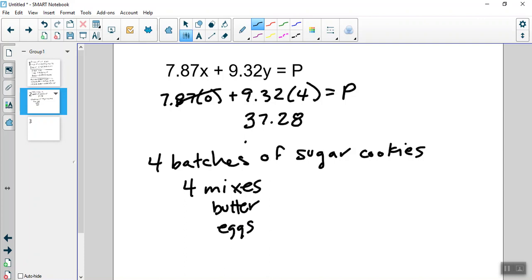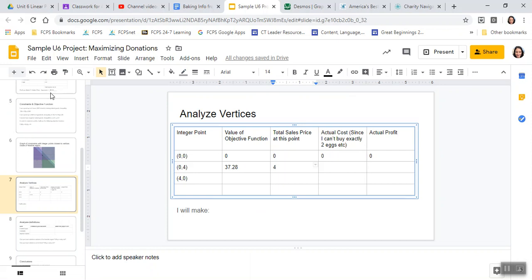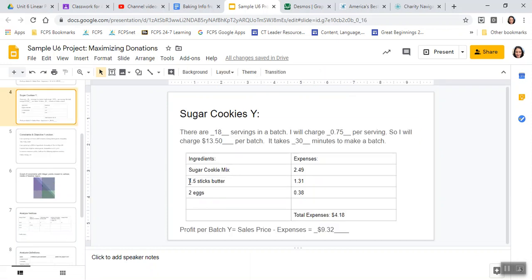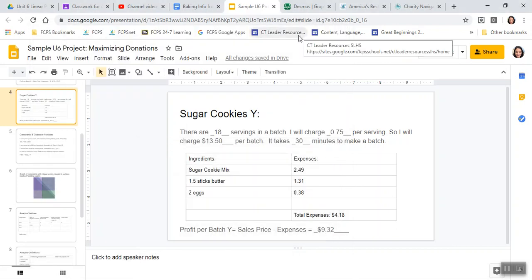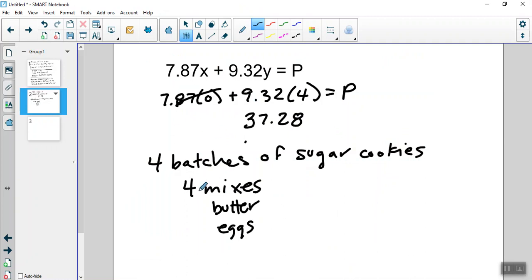So let's see how much butter and eggs I will need. So I need 1.5 sticks for 1 recipe. So 1.5 times 4. So I would need 6 sticks of butter. 6 sticks of butter.